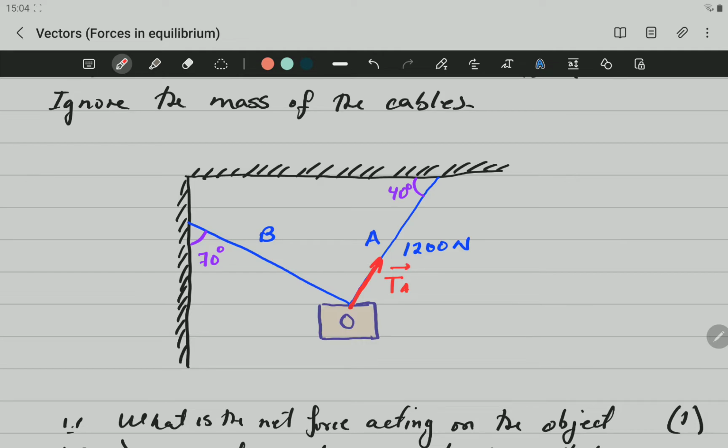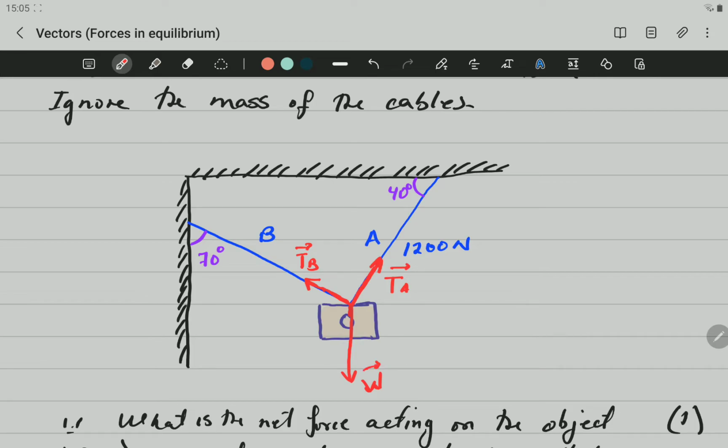It does not really matter which one you prefer. Then we have the tension from cable B, TB, which is actually unknown. And then the other force acting is W, the weight. I'm going to draw it from there, and this one is here, W. This is the force diagram showing all the forces acting on the box.